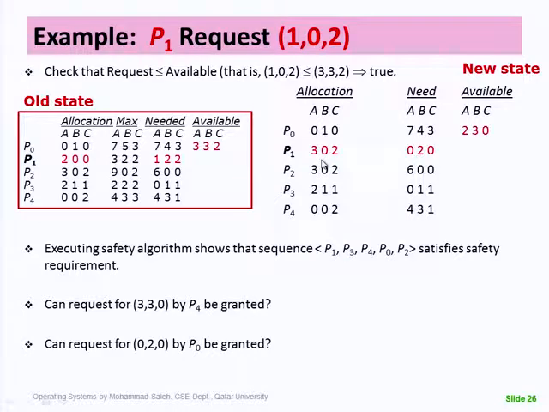What we need to do is to execute the safety algorithm, trying to find an execution sequence. So let's try to execute the processes. Can we execute P0? We will look at the needed of P0. We can't execute it because it needs more than what we have. Can we execute P1? P1 needs 2 resources of B, so we can execute it, right?